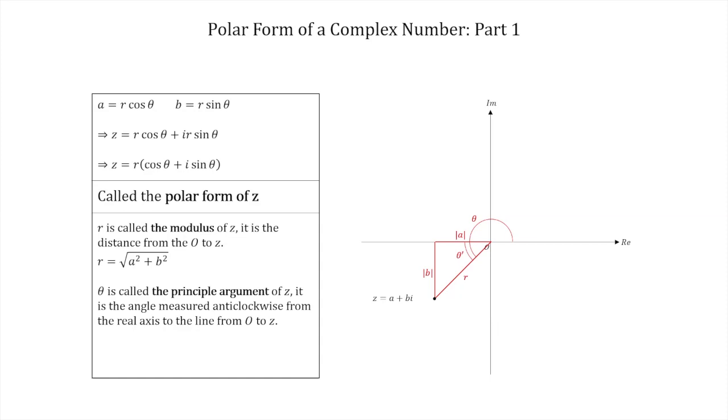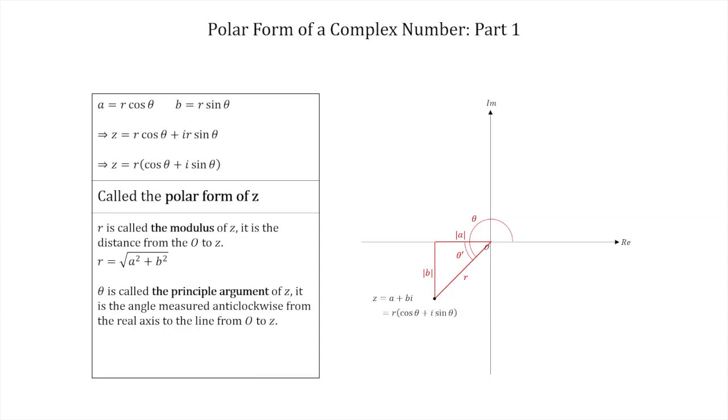Because if you go from the positive real axis halfway round till you get to the negative part of the real axis, then that's 180 degrees, or pi, because we always use radians for the arguments of complex numbers. Whenever we're doing things like this in the complex plane, always use radians. So halfway around would be 180 degrees, or pi radians, and then we have to add on this theta prime, and that will give us theta, the whole angle.